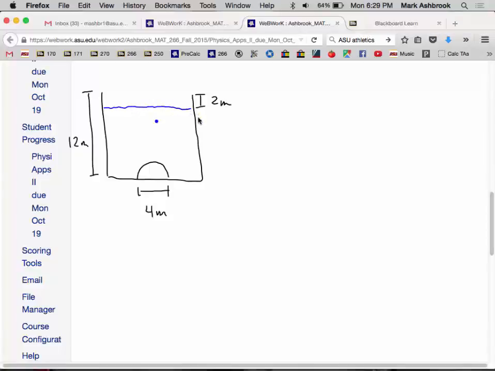Then it's filled up to that line there, so that's all filled, including that. And we're asking, what is the pressure on that gate down there?